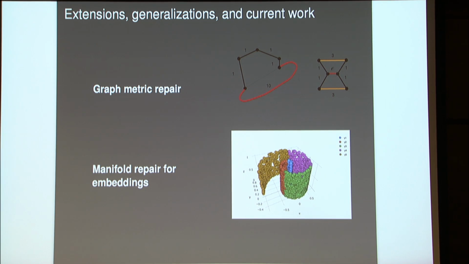Like this data point is not at all connected to that data point, so do not put an edge between them. And then the analog of broken triangles is broken cycles.